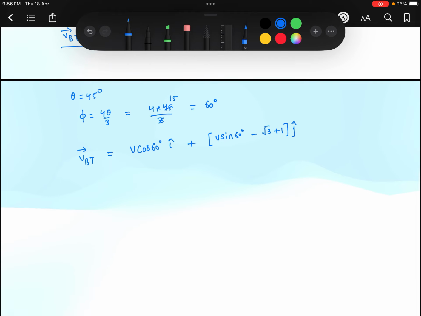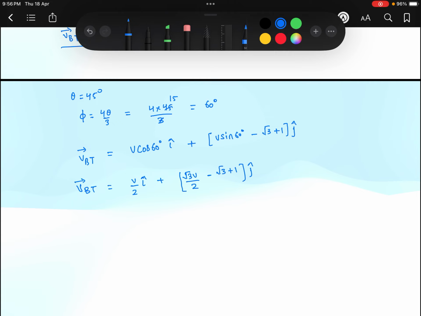Okay, so substituting the values of cos 60 degree and sin 60 degree, we will be getting v by 2 i cap plus root 3 v by 2 minus root 3 plus 1 j cap. This is the velocity of ball with respect to trolley.